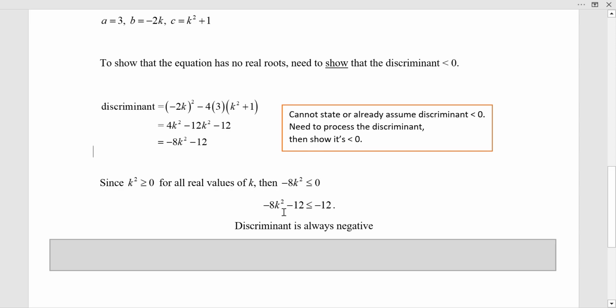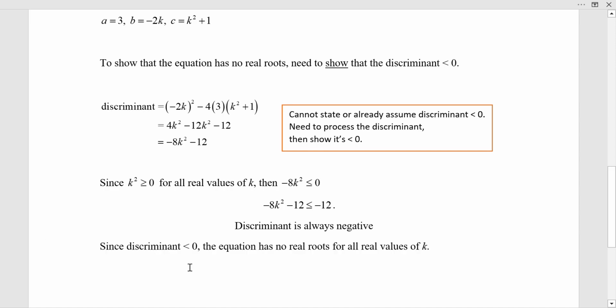Even if you sub k as negative 5, you should also get a negative value. Discriminant is always negative. Since the discriminant is always negative, the equation has no real roots for all real values of k. So this is how you show that the equation has no real roots, by showing that the discriminant is smaller than 0.